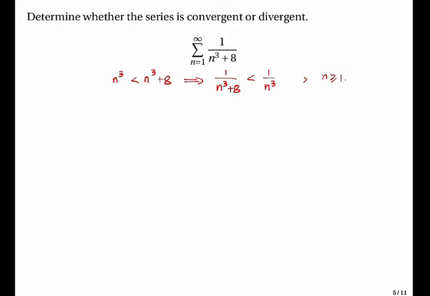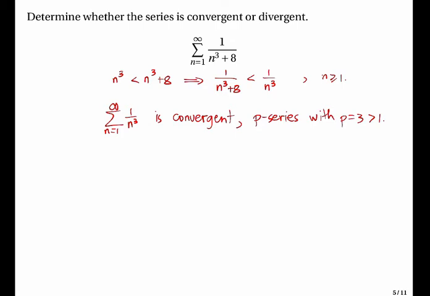But indeed, the series sum of 1 over n cubed from 1 up to plus infinity is convergent since it is a p-series with p equals 3, and this is greater than 1.